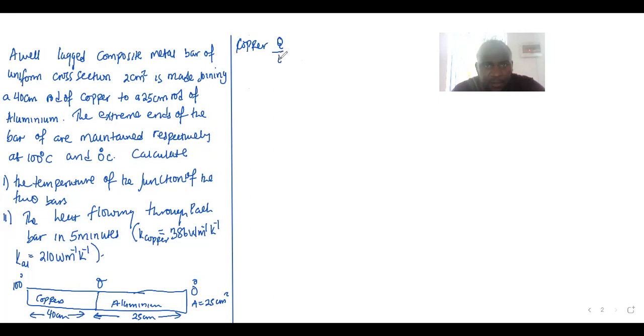The rate of heat flow through copper is going to be the thermal conductivity of copper, times the cross-section area, times the temperature difference, which is going to be 100 minus theta, divided by the length of copper. This will be Q for copper out of t is equal to 386 times cross-section area times 100 minus the unknown temperature divided by 40 times 10 power negative 2. This will give us equation 1.